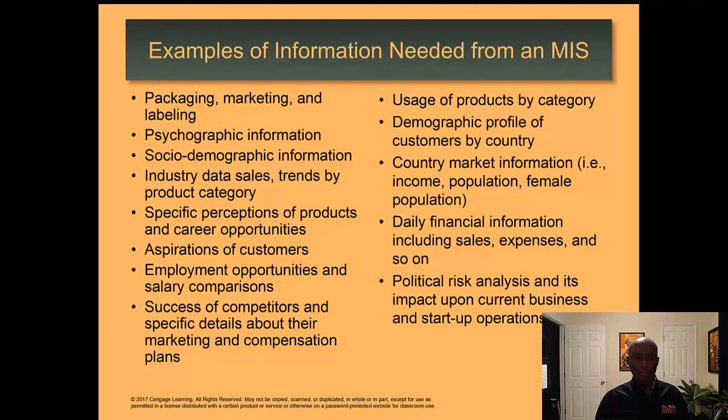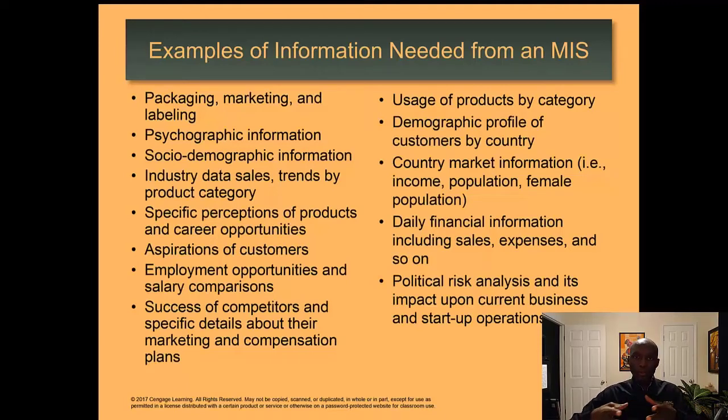But what are you looking at? You're looking at all of these things, examples of information needed from a marketing information system. Packaging, marketing, labeling. You're looking at regulations there. Psychographic information. Here we're talking about attitudes, beliefs, opinions, personalities. Socio-demographic.